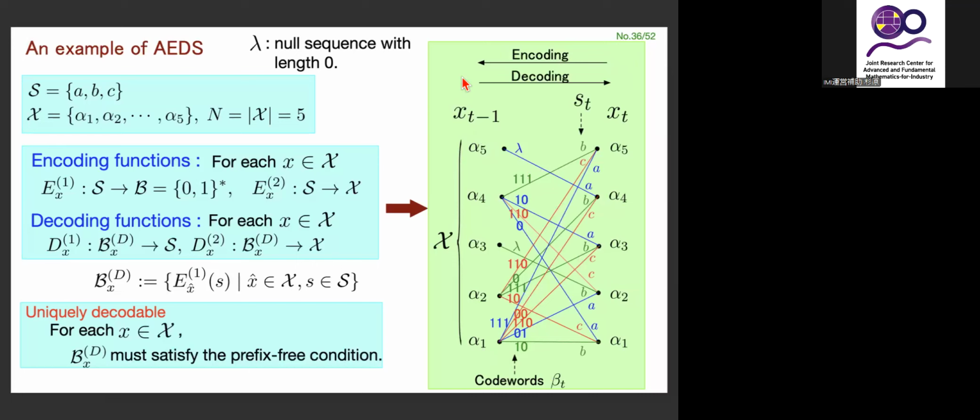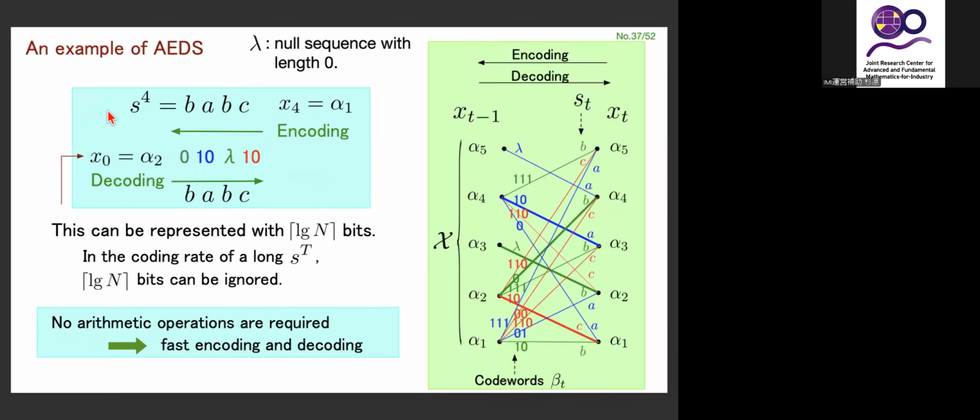On the other hand, in decoding, the state moves from the left side to the right side. In order to guarantee unique decodability, the set of variable length codes at each node on the left side must satisfy the prefix condition independently. So this set and this set must satisfy the prefix condition independently, where lambda is a null sequence with length 0.